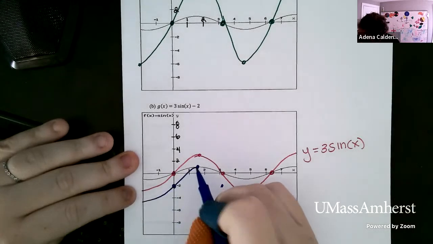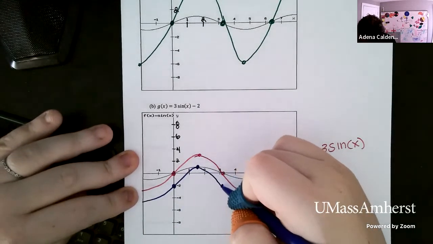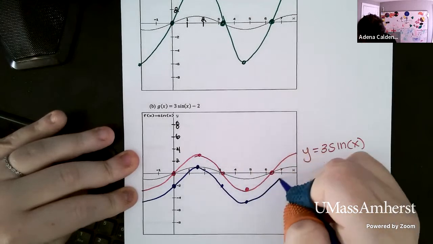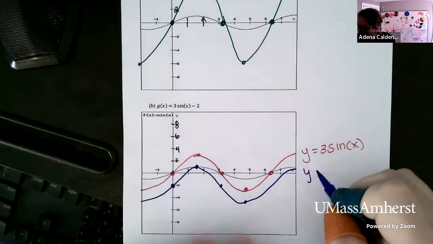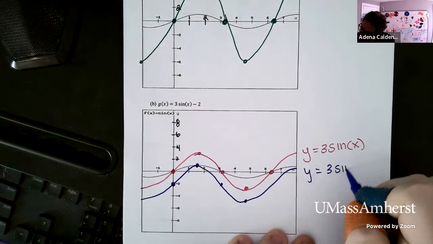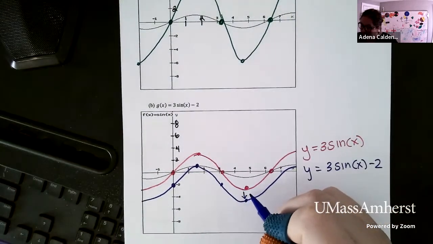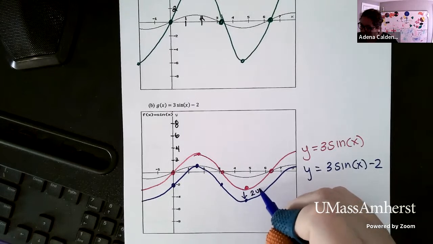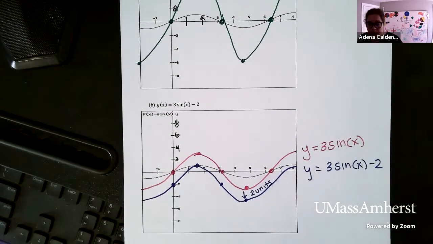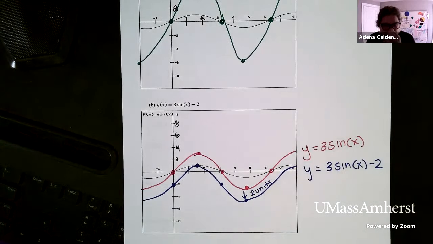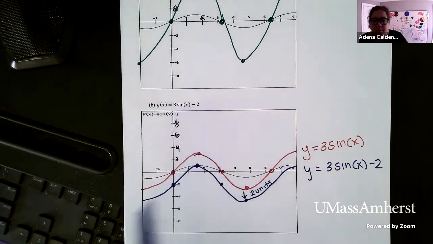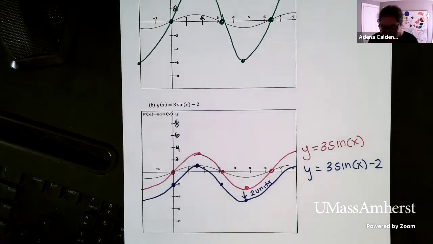So we get something that looks like this. So y equals 3 sine x minus 2. So we've moved everything down by 2 units. Okay. So when you add or subtract something, it moves it up and down.